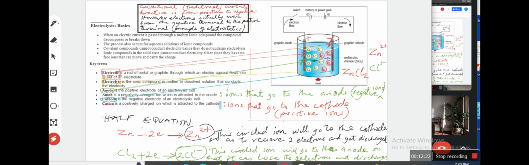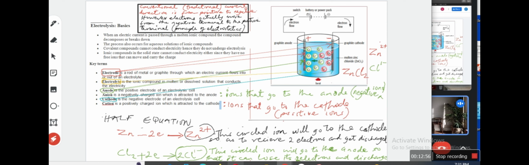Okay. Cathodes are what? Negatively charged. Negative electrodes. The negative rod. And they attract positive ions. So positive ions which are attracted to the cathode are called cations, or in other words, cathode ions.